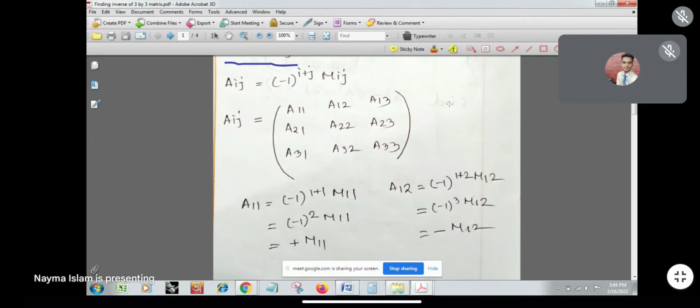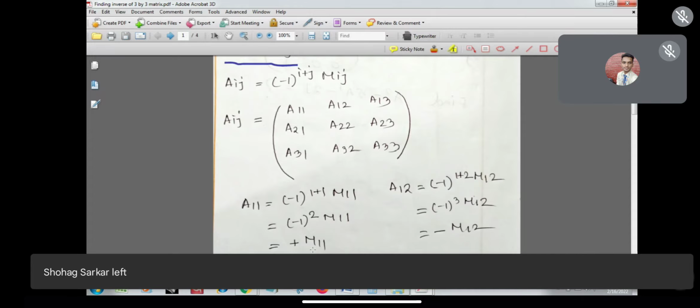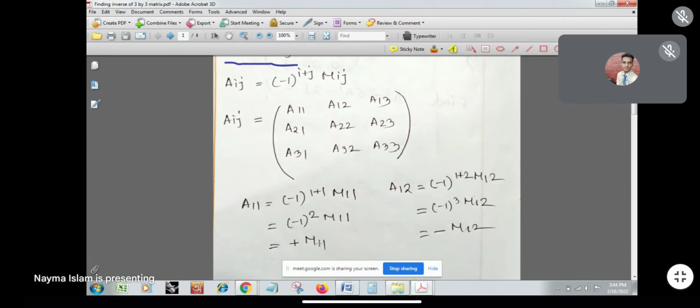But this is the original formula for how it actually becomes positive or negative. Look here. If i and j are both 1, then minus 1 to the power 1 plus 1, that means minus 1 whole squared, so the value will be positive.